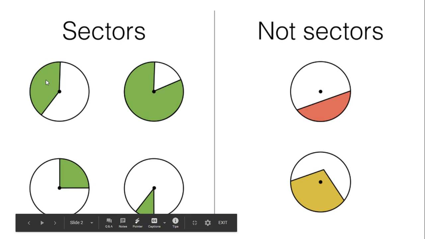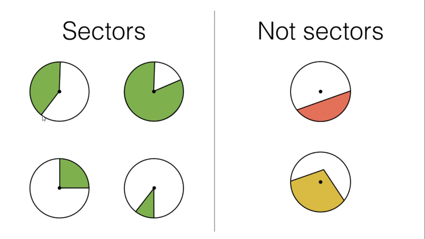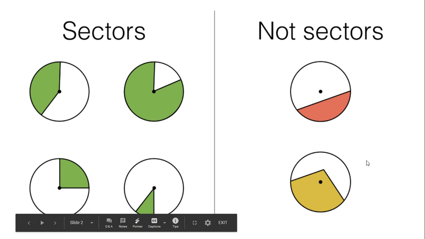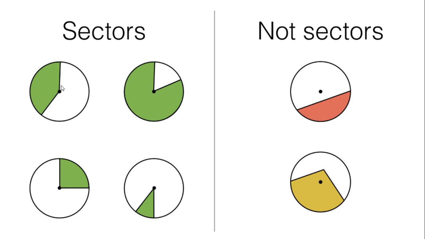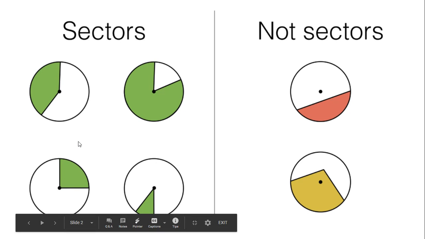The area of these is the sector, and then the arc is like a fraction of the circumference. So this curved part is an arc, and this curved part is also an arc. That would be the bigger arc. Later on in maths, you'll work with these kinds of segments, but for today, you're just going to be working with these types of sectors.